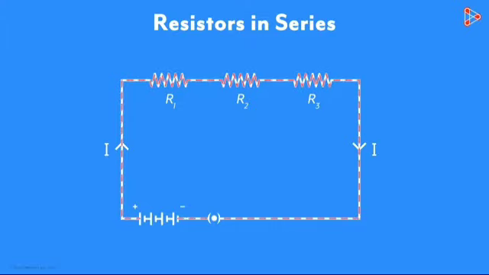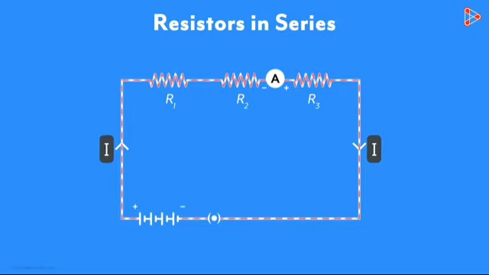The figure shows three resistors R1, R2, R3 connected in series. The amount of charge passing through resistor R1 must also pass through resistors R2 and R3, since the charge cannot accumulate anywhere in the circuit. Due to this reason, the current I passing through all three resistors is the same.